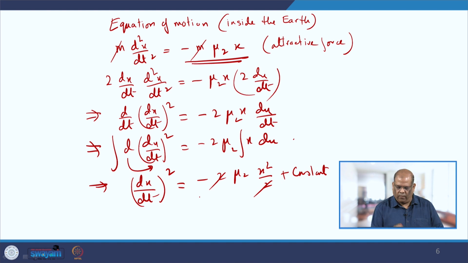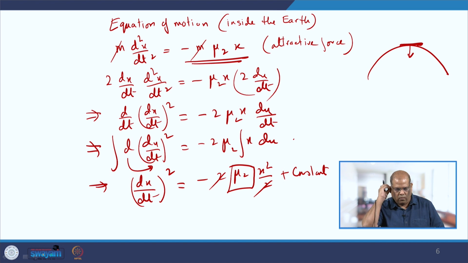Before finding the constant, let me find the value of mu 2. With the same logic, on the surface, if we consider the motion in the downward direction, inside the earth, it follows linearly. So, on the surface, mu 2 a must be equal to g.